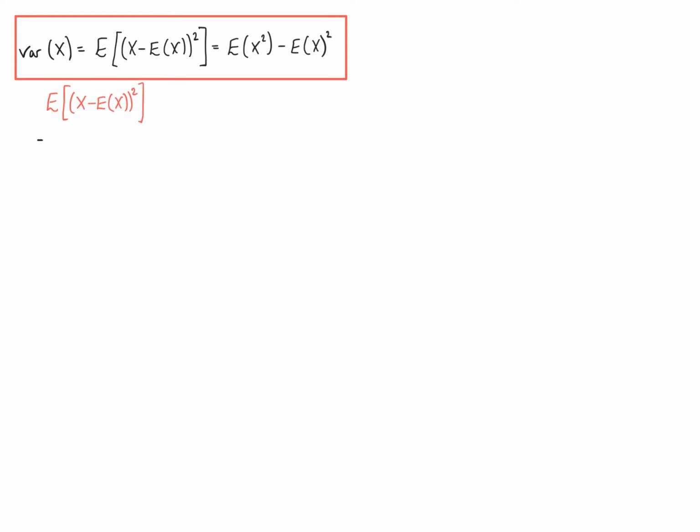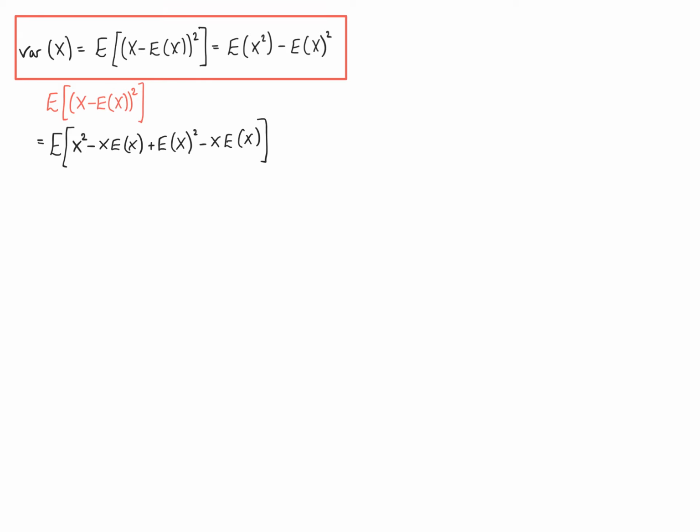So we can rewrite this as the expectation of: an x squared term, minus x times E of x, plus E of x all squared, and then another minus x E of x term.